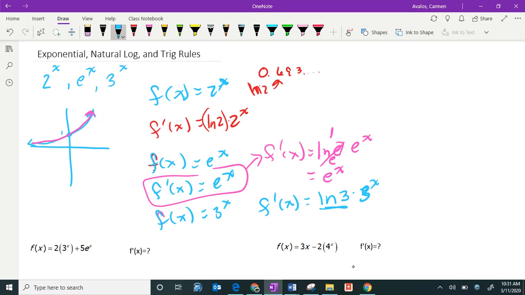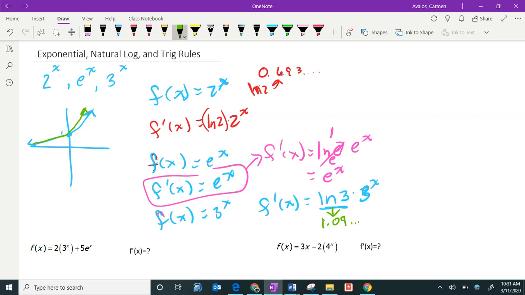Is it going to be a stretch or a shrink? What it turns out is that if this is e to the x, then this one right here is going to be just a tiny bit above it, because the ln of 3 is actually 1.09 and so on, and so it's just going to stretch a little bit.